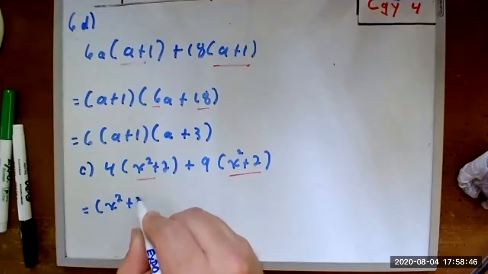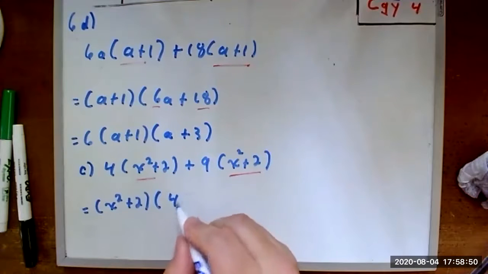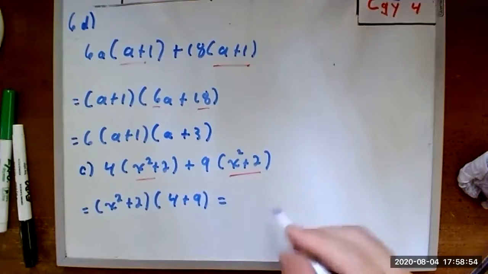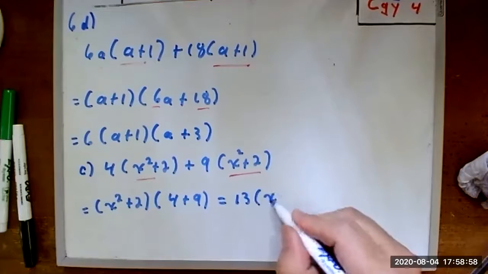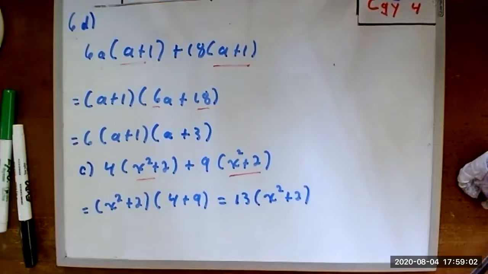This is a slightly simpler example, but again, these things in brackets tend to be our common term. So that can come out front. And then I end up with 4 plus 9 on their own. Well, 4 plus 9 can actually go together. So I can simply say, that's 13. And those just go like that.